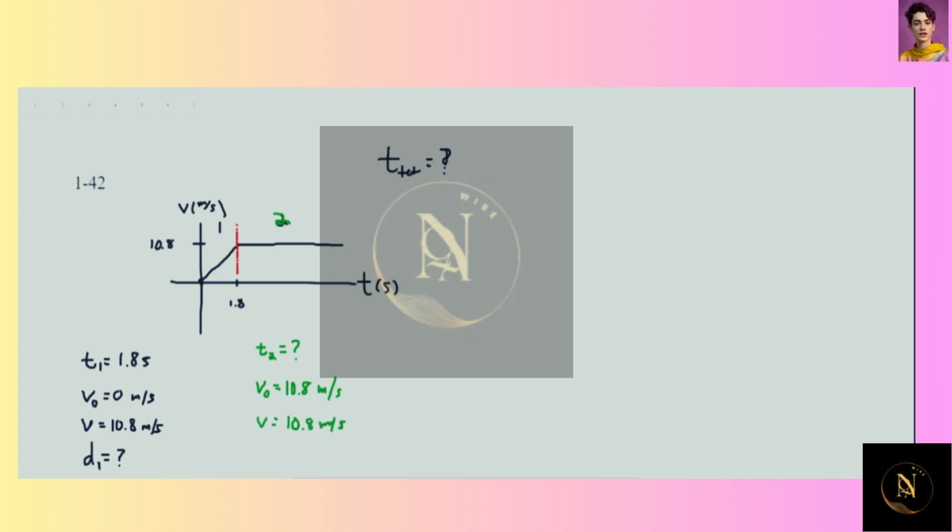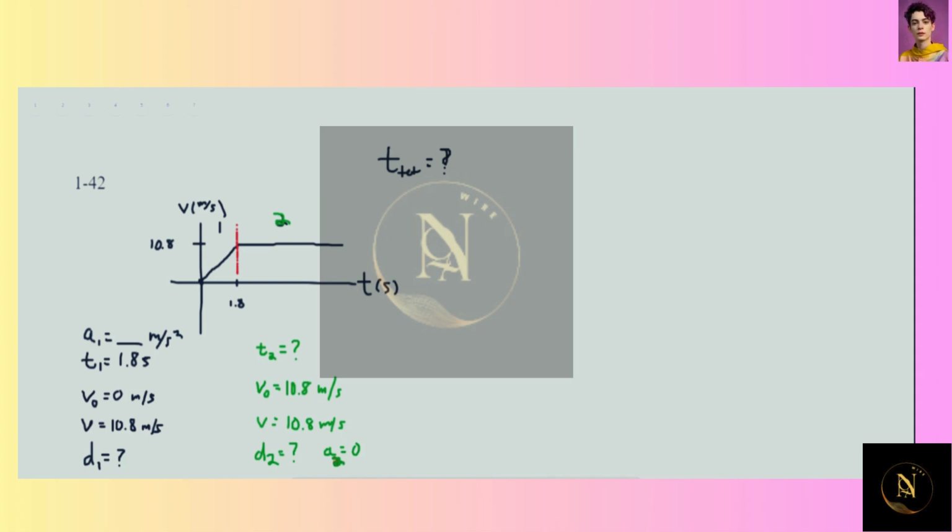The distance for segment 2, we don't know either. But we know the acceleration for this part, A2, is 0. The acceleration for part 1 is non-zero, but we have to calculate it, which is our first part we need to do. So A1 we don't know, A2 is 0. Okay, so we have a few unknowns here.